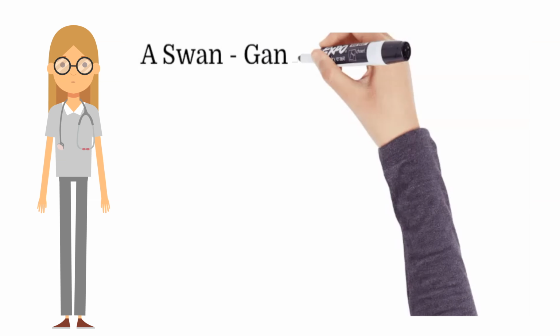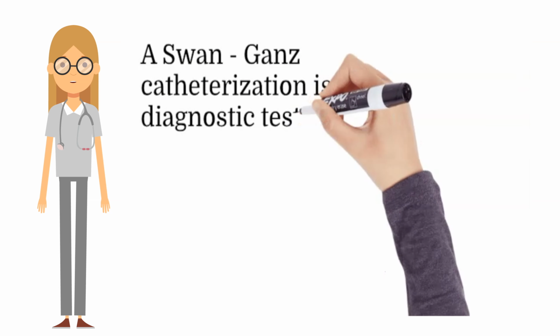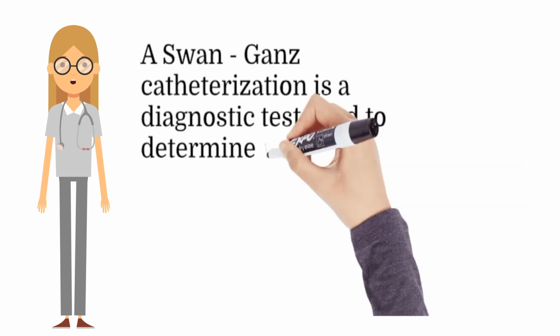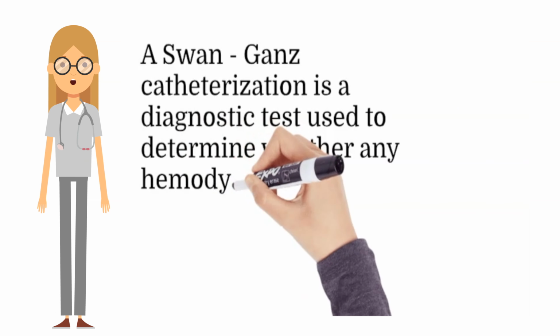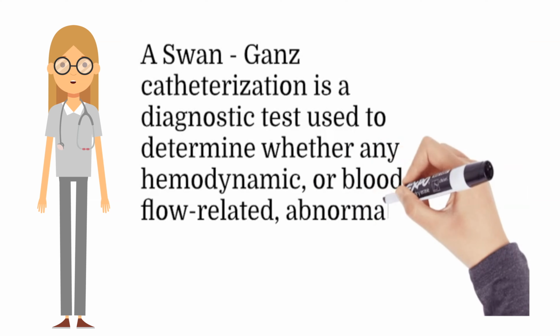A Swan Ganz catheterization is a diagnostic test used to determine whether any hemodynamic or blood flow related abnormalities exist in the heart and lungs.